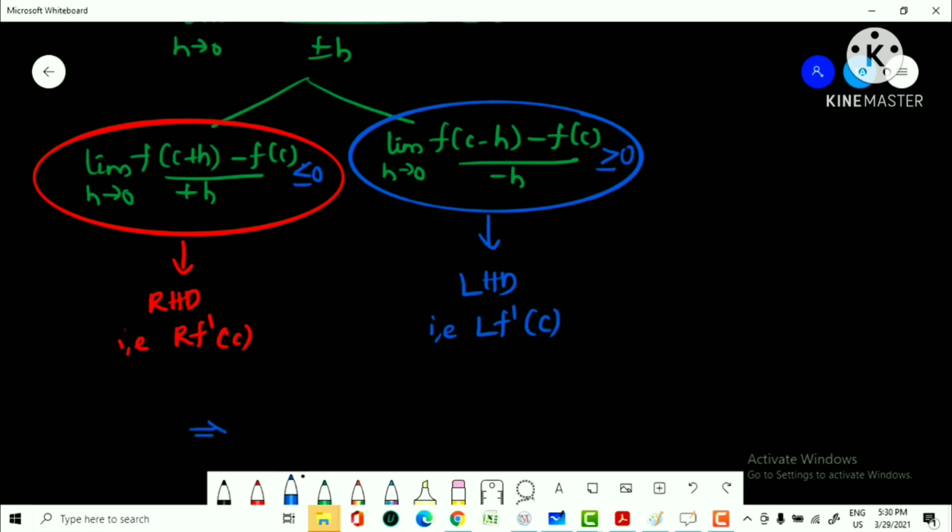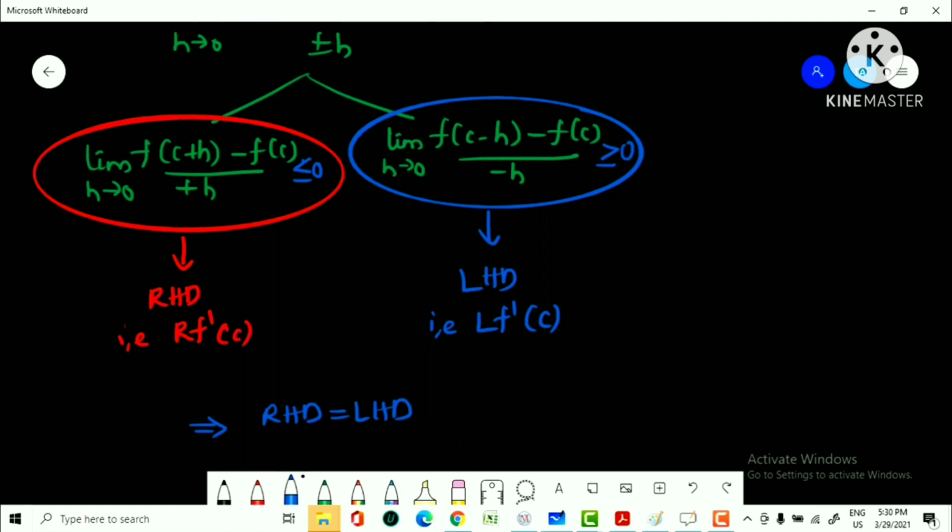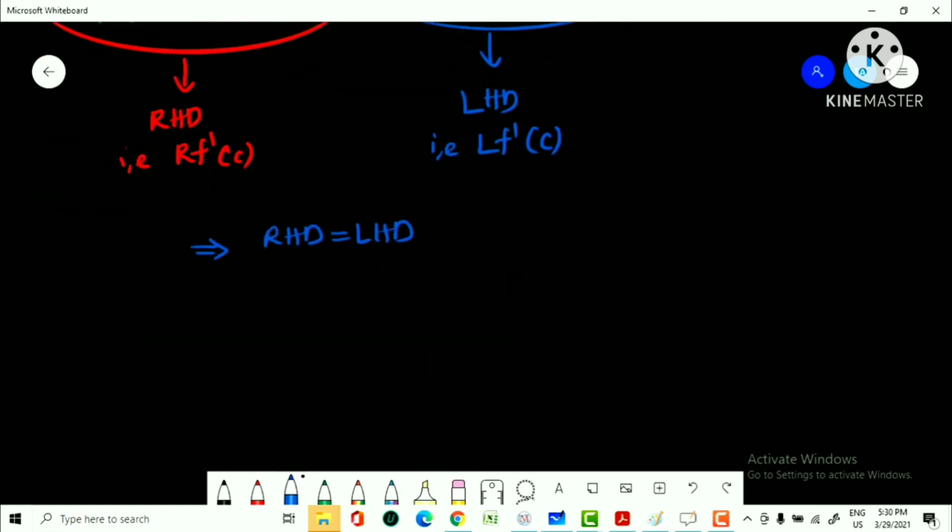This implies right hand derivative is equal to left hand derivative, which implies R f dash of c is equal to L f dash of c, and this will happen only when f dash of c is equal to 0.